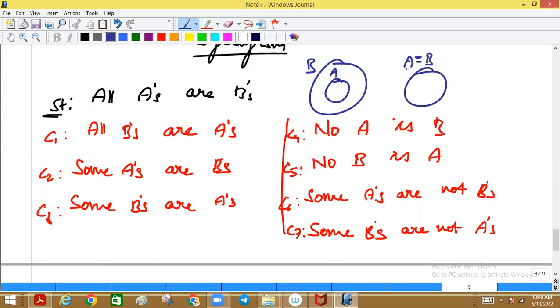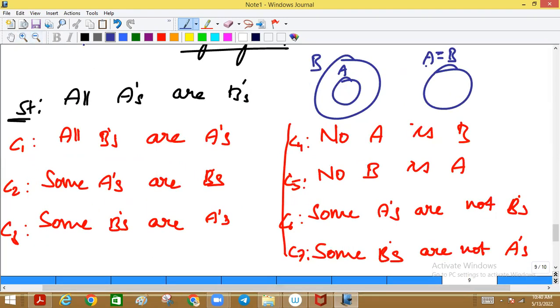Now let's see here. Take the first conclusion: all B's are A's. In the first diagram, will it give you the conclusion all B's are A's? No, you are not getting it, so obviously it is wrong.